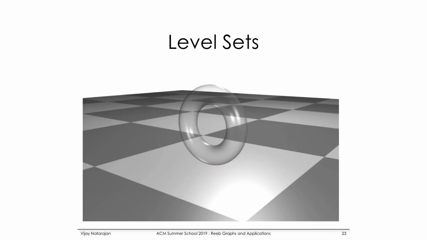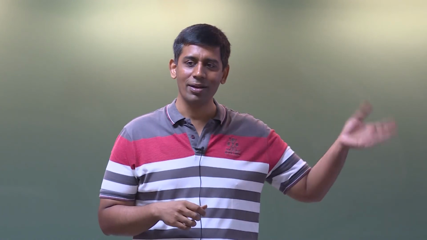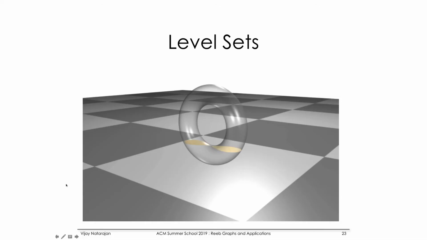Saddles were what happened? What happened at saddles? Either 1 became 2 or 2 became 1. So both can happen, right? So you see a connection. Morse theory is actually the study of this connection between level sets and their topology, connectivity, and critical points of functions, right?